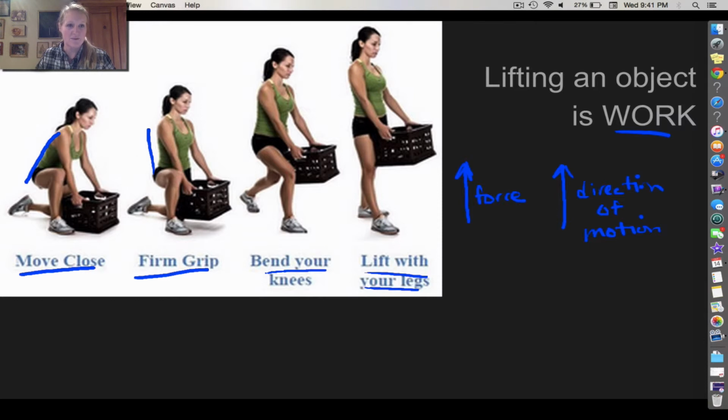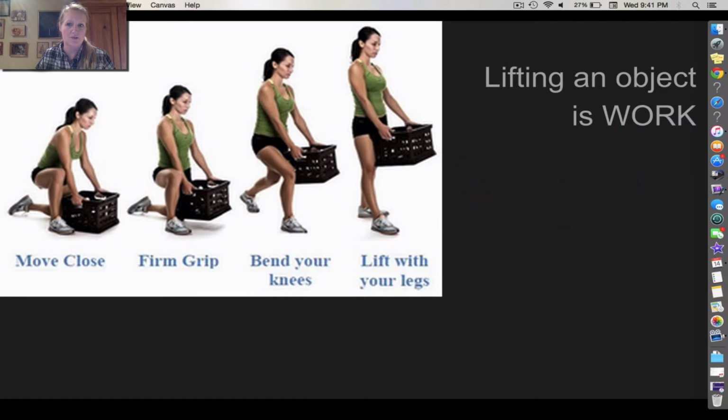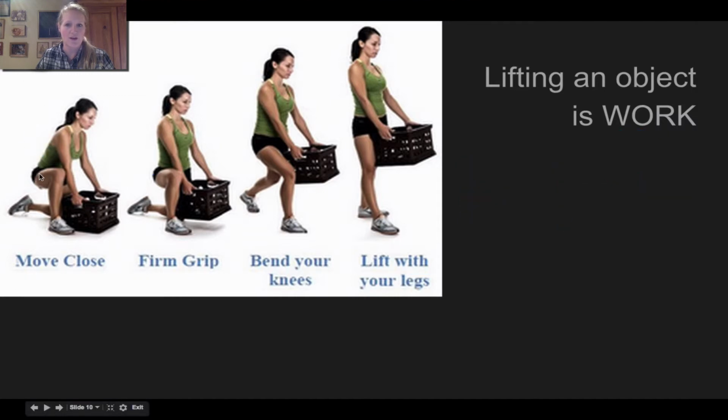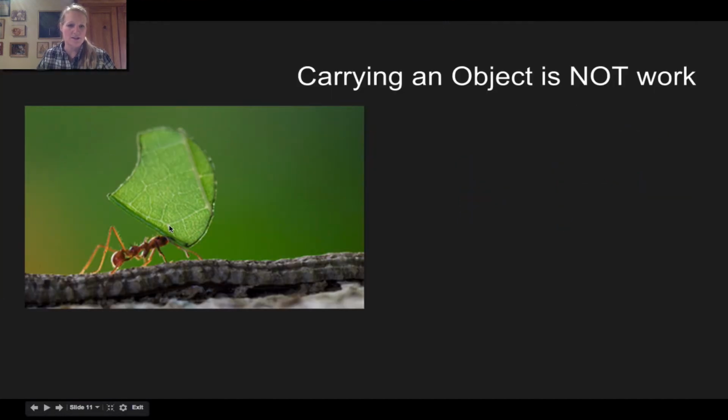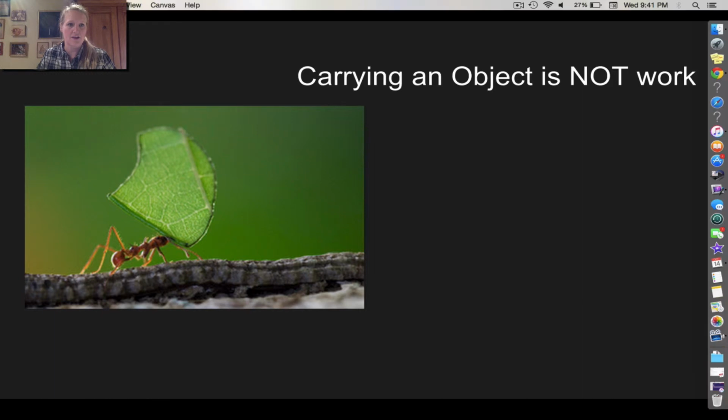Let's think of another example. If you're carrying something, so to come back to whether or not it's classified as work, if you're carrying an object, meaning that you've lifted it up, you did do work to lift it up, but now you're walking it across. It is not work.